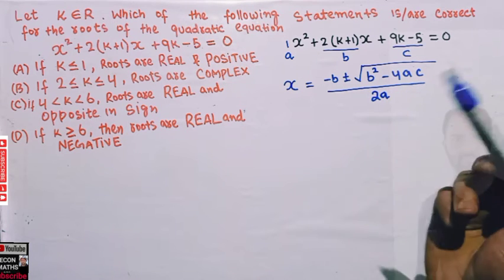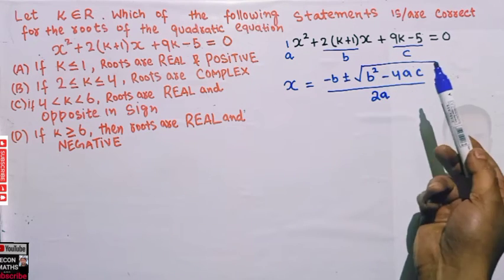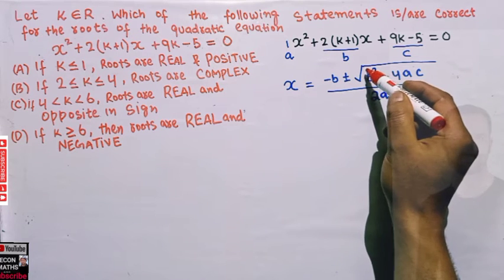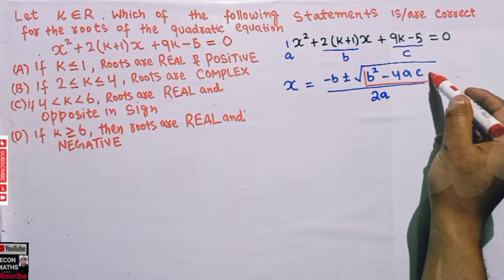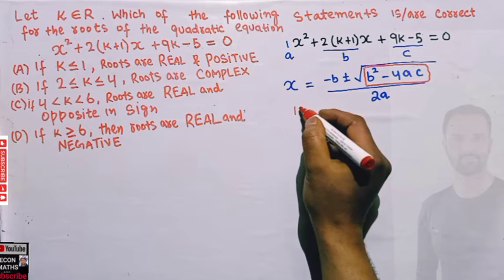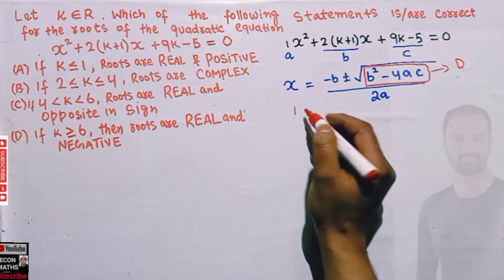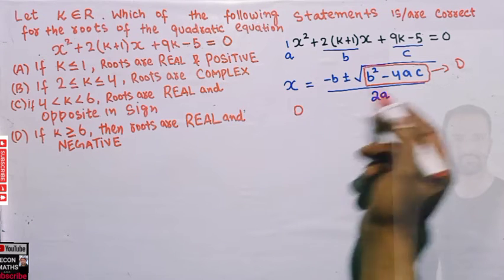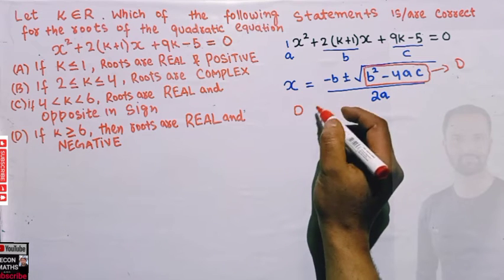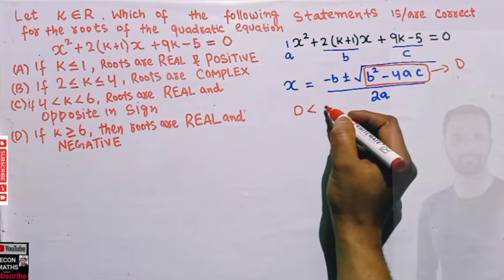So for this equation to have real or complex roots, we have to concentrate on this very term. Let's denote it by d. We call it the discriminant.